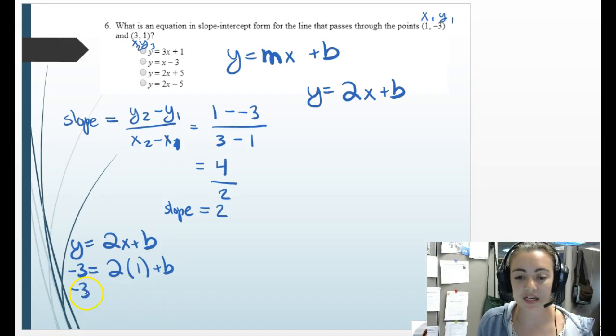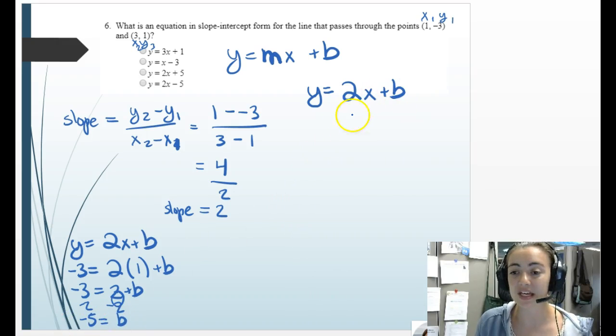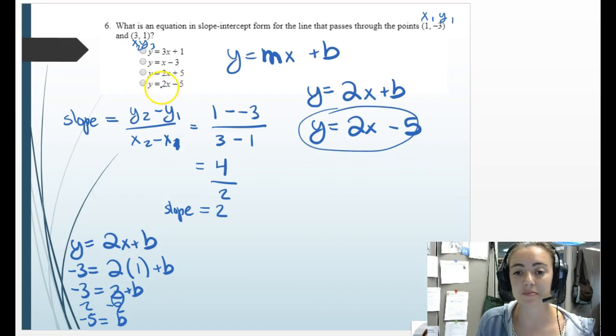When we simplify, 2 times 1 is 2. To solve for b, let's subtract 2 from both sides. Negative 3 minus 2 is negative 5. 2 minus 2 is 0, so negative 5 is equal to b. So that means that we can continue with our equation here. We now know the slope is 2 and the y-intercept is negative 5. So our equation is y is equal to 2x minus 5. It looks like that last option here.